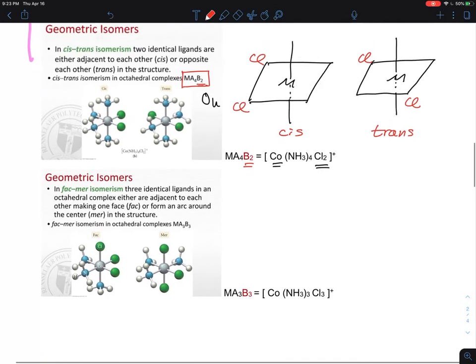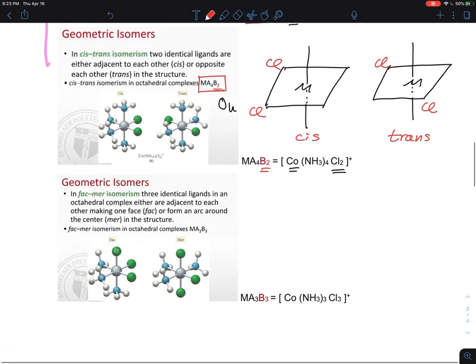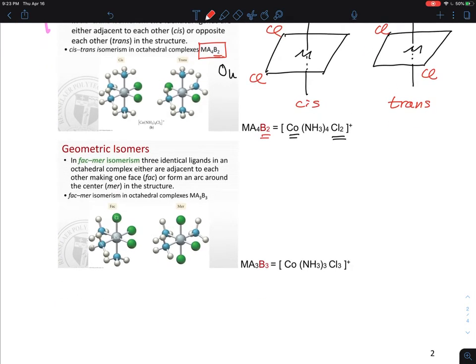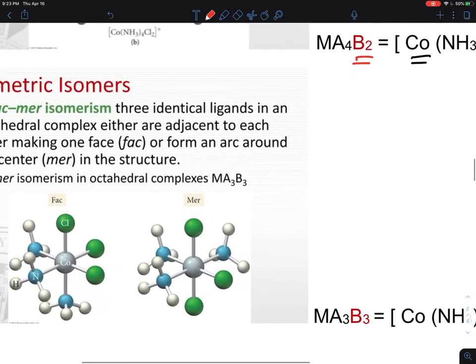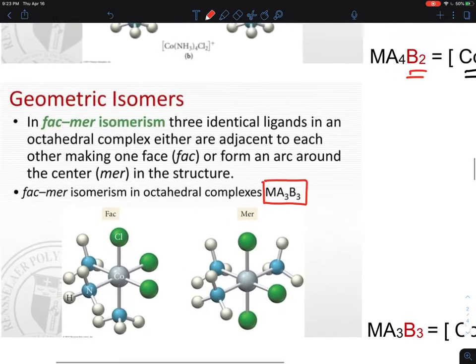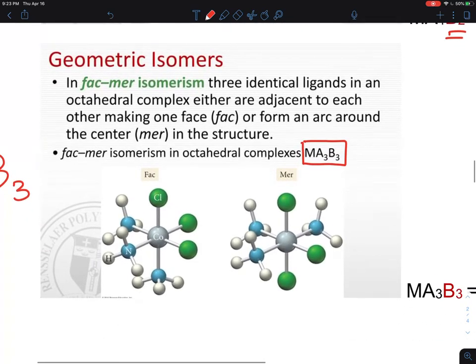The last one is essentially the new category, and this is what we call the three ligand complexes, right? We have three identical ligands, so the molecular structure just looks like that. This is coming from your class slide, and they said that FAC means one face, and an arc around the center is a MER.